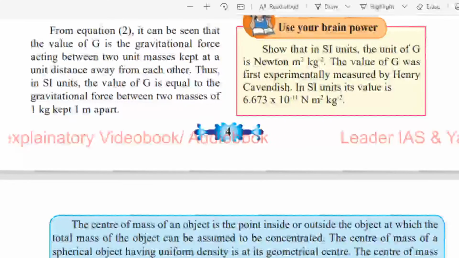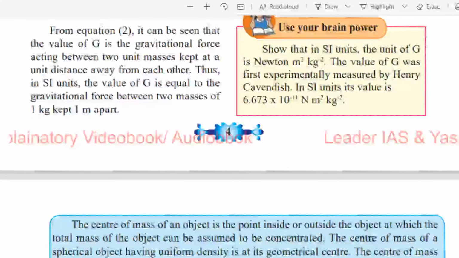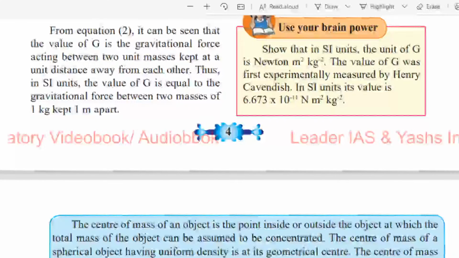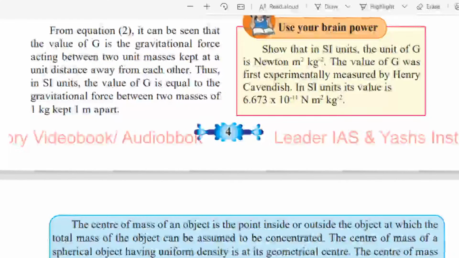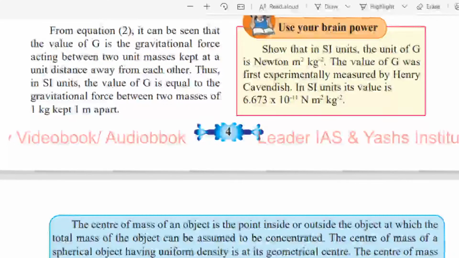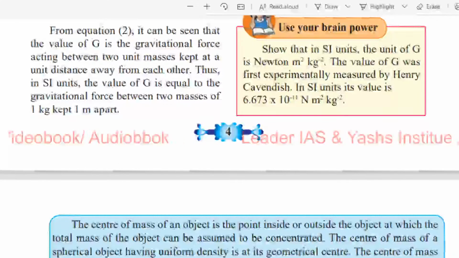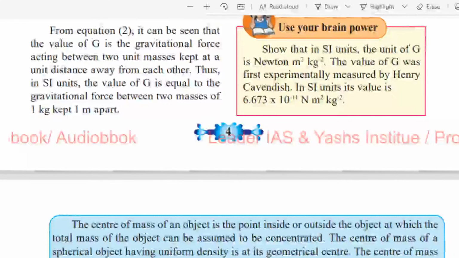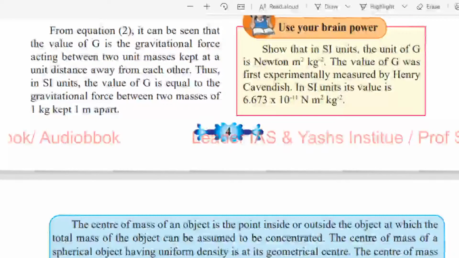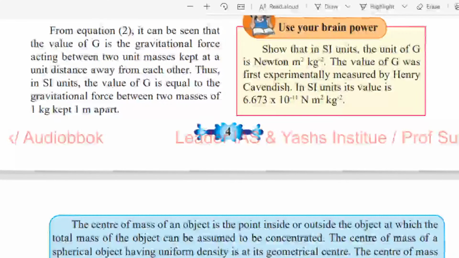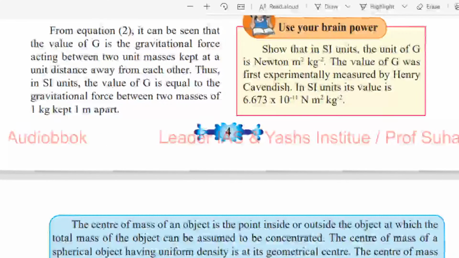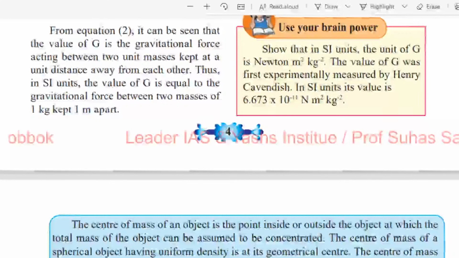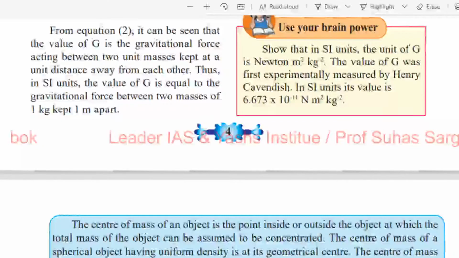Show that in SI units, the unit of G is newton meter square per kg square. The value of capital G was first experimentally measured by Henry Cavendish. In SI units, its value is 6.673 into 10 raised to minus 11 newton meter square per kg square.